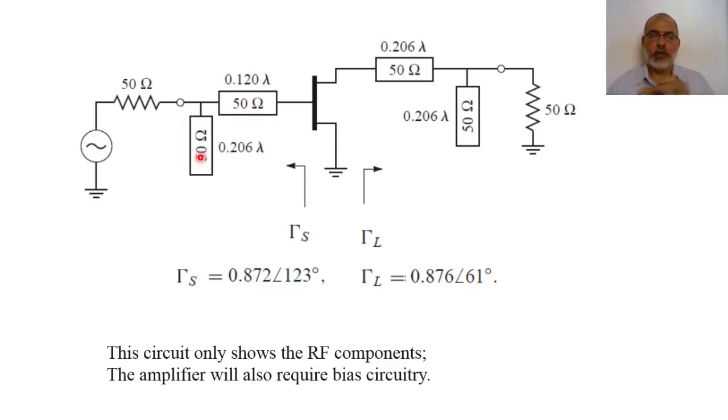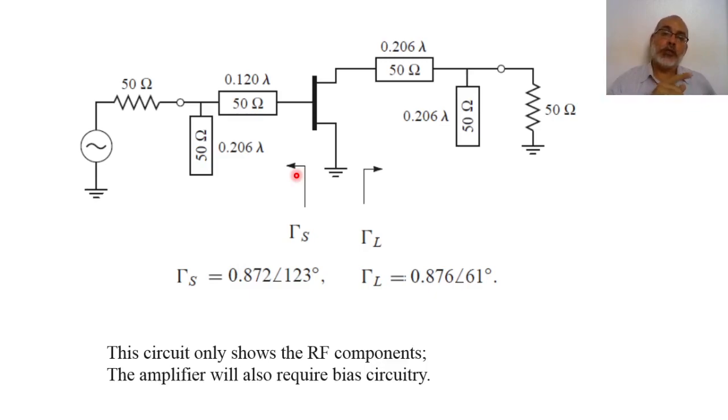If I'm talking about 3 gigahertz or 5 gigahertz, I should find out what these dimensions will be in terms of the new wavelengths. Also, if you remember, this transistor was conditionally stable at 3 gigahertz. So we should draw the stability circles for gamma load and gamma source, and check what the physical dimensions are here, what the corresponding normalized dimensions are, and what the values of gamma load and gamma source are at 3 gigahertz.